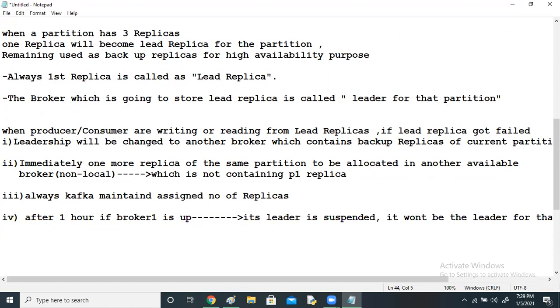So here, partition replica R1 won't be the leader for that partition. That is, I am saying it like former: previously that partition 1 replica R1 former leader is in a deactivated state.